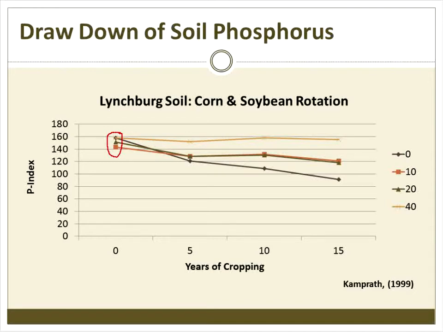And they applied either no phosphorus, 10 pounds of P2O5 per acre, 20 pounds of P2O5 per acre, or 40 pounds of P2O5 per acre, and just looked over 15 years at what happened to the phosphorus values.